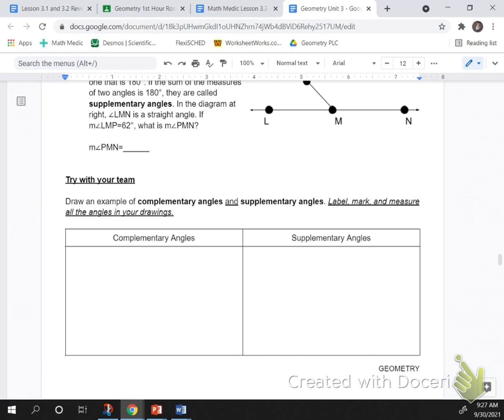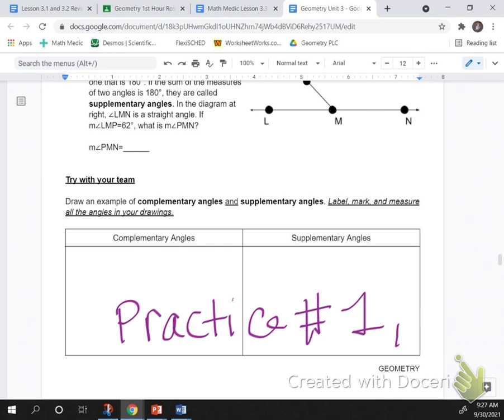I only want you to do practice number 1 and number 3. There's a typo on 1D. On 1D, the angles should be WKH. And then when I see the practice is done, I'll give you your homework. That's it for today.